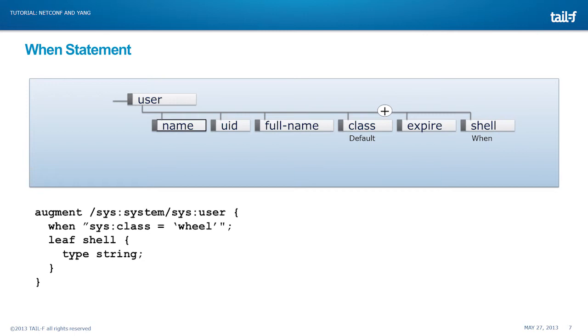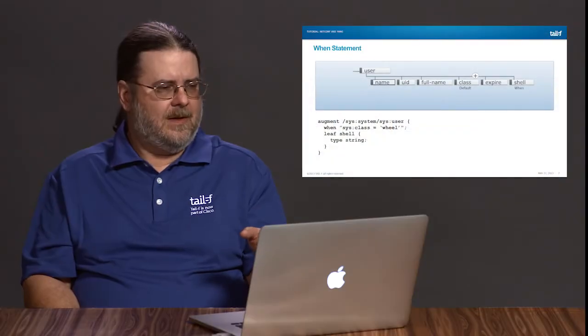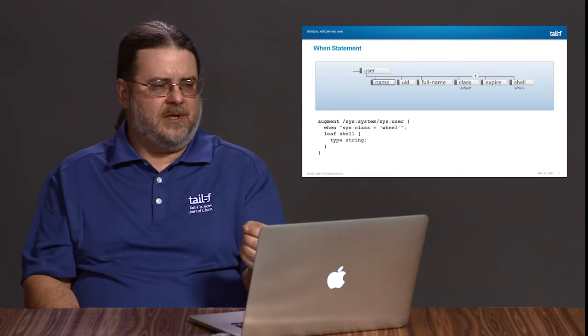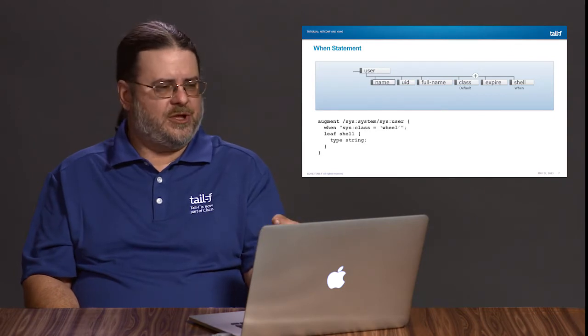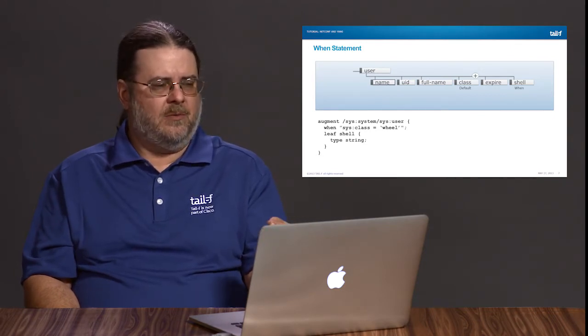So any user whose class has been set to wheel, we also want to have the shell value present. However, for users whose class is not wheel, we do not want the shell to be present. So that is where the when modifier comes into play. Here we see augment system user when class equals wheel. So the leaf shell will only appear when wheel is there.